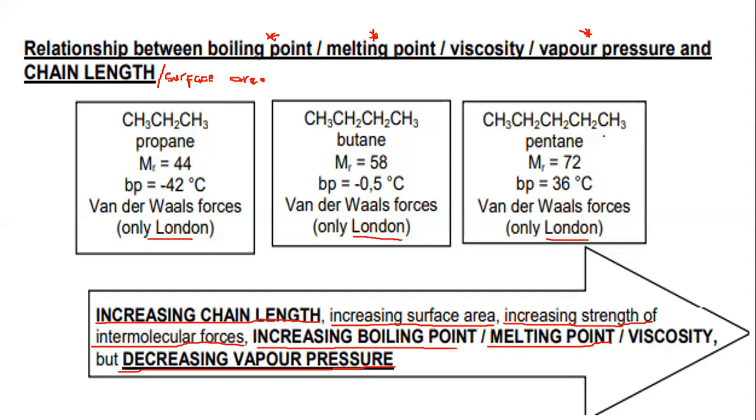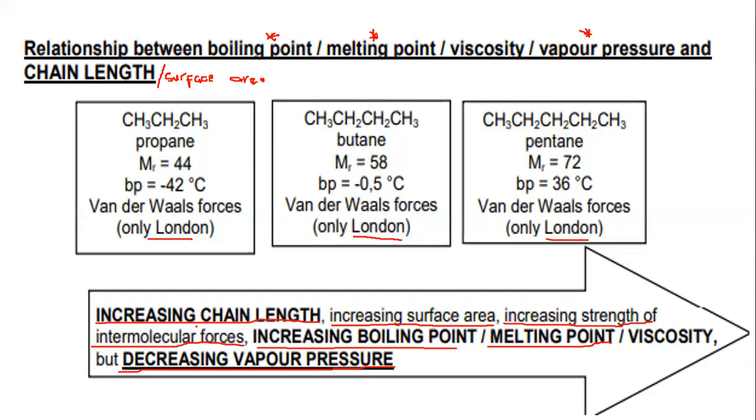So this hydrocarbon chain only has London forces. This hydrocarbon chain only has London forces. This hydrocarbon chain only has London forces. And as a result, the boiling point becomes different because of the London forces becoming stronger, because of the chain length.